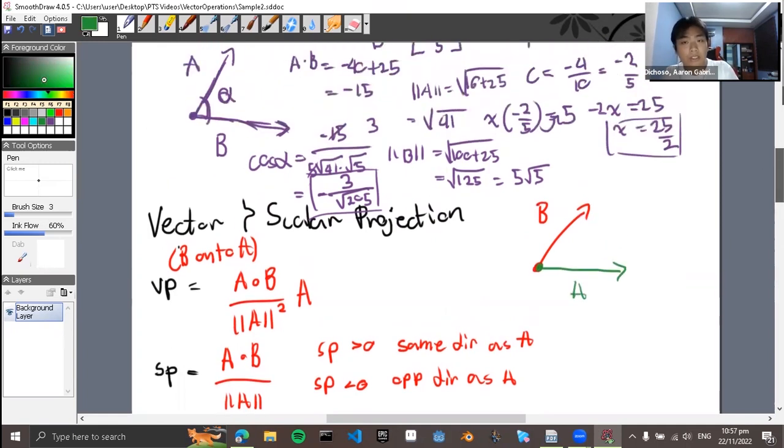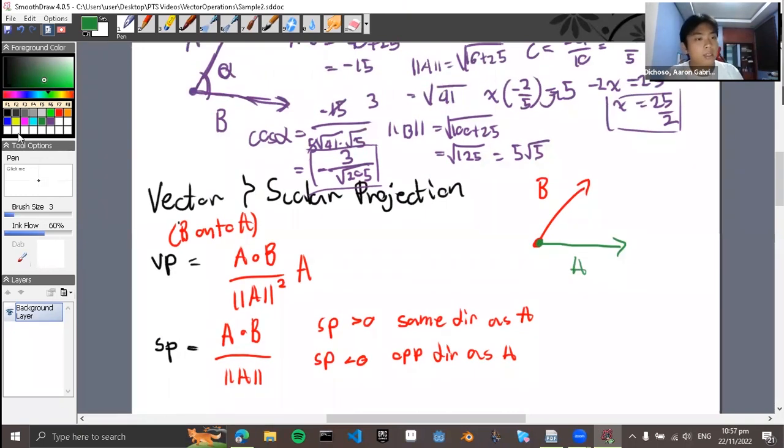A vector projection would work as such. You would take a vector at the tip on B, and you would project it downwards until you hit vector A. Then the length of the vector from the origin, itong meeting point nilang dalawa, to that point where it projected onto A, that is your vector projection.